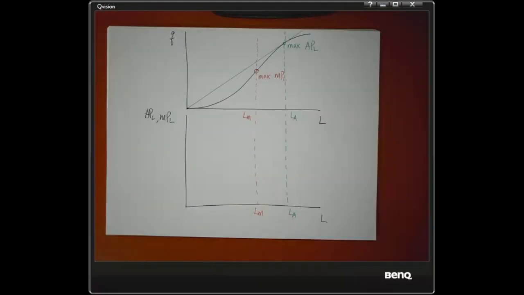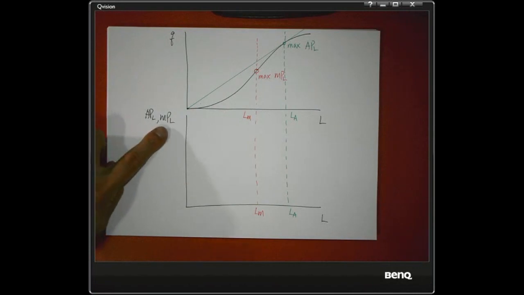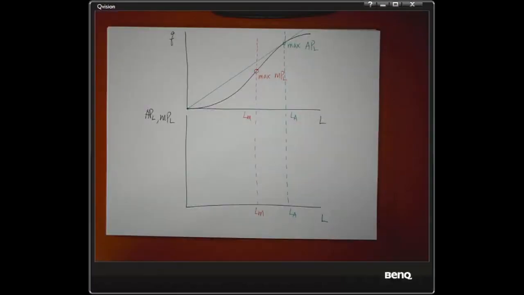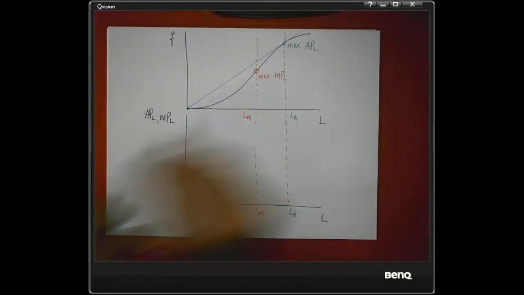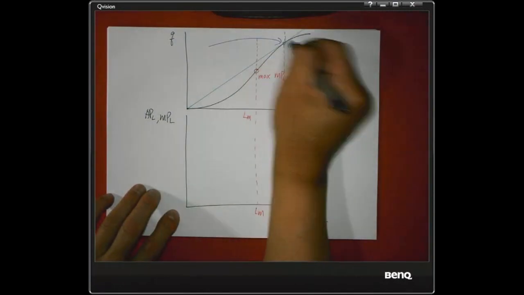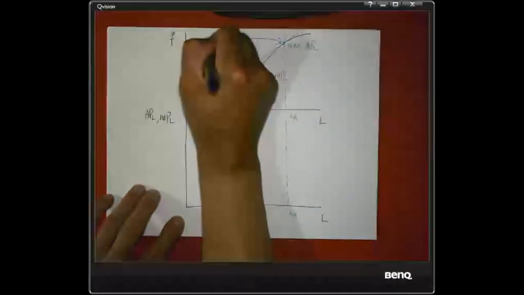And now, if we want to plot the marginal product of labor and the average product of labor curves down here, how would they be positioned relative to each other? First, notice at this point, that is the tangency.